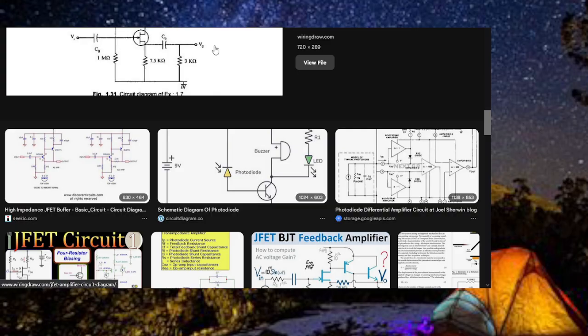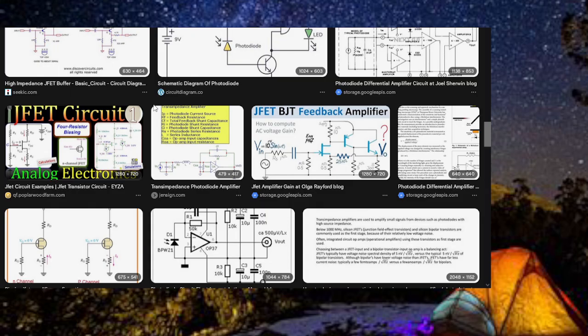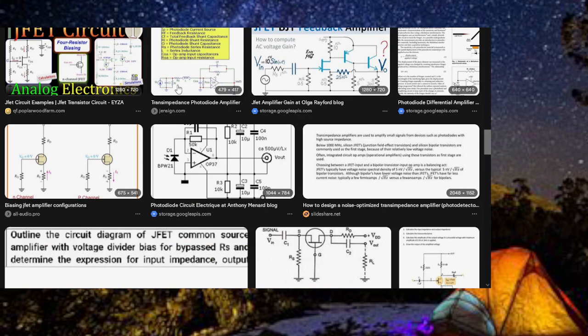Spending a little bit more time on this, ain't I? JFET feedback amplifier. Definitely do not want feedback unless I'm creating a particular circuit myself, you know.